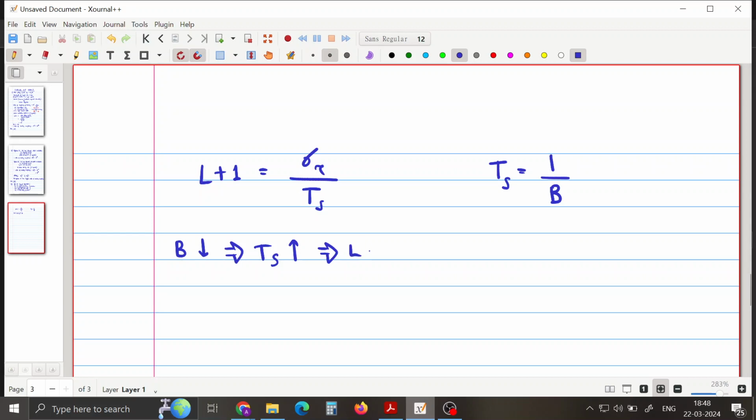So L plus 1 goes down, which also means L goes down as well, right? You can also say that the order of decoding complexity, which is m power L, also goes down because L is reducing.